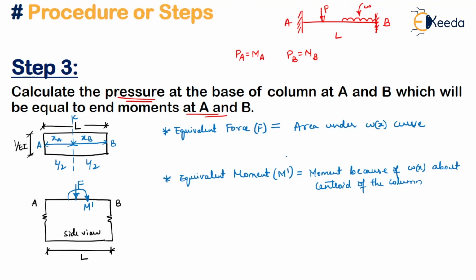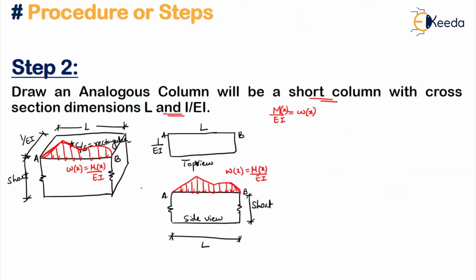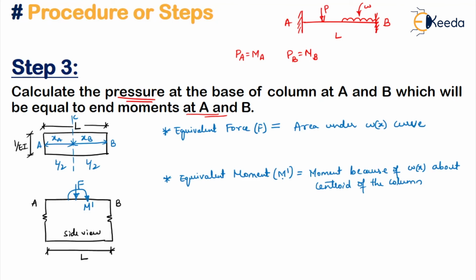This is very important. So if you consider the area under this curve, that will give you your F value, and if you take the moment of this area about the centroidal axis, that will give you your m dash. Okay. So the total pressure P will be what? The sum of your uniform pressure because of your F and linear pressure because of your m dash.